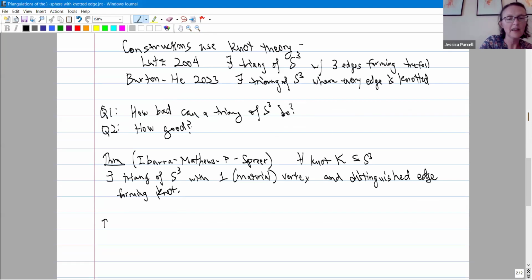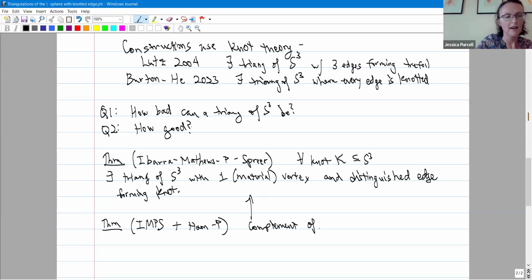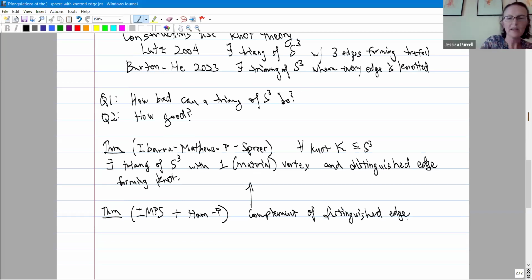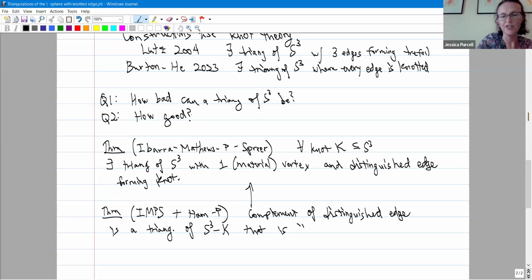But we also have, interestingly enough, the follow-up theorem, same people, plus some previous work that I did with Sophie Ham, is that, in fact, if you take this distinguished edge, so we're going to take this triangulation that we have from above, and you remove the distinguished edge, including its endpoints, this material vertex, then what you end up with is a triangulation of the complement of the knot that, in an appropriate sense, let me just say it is generically geometric.